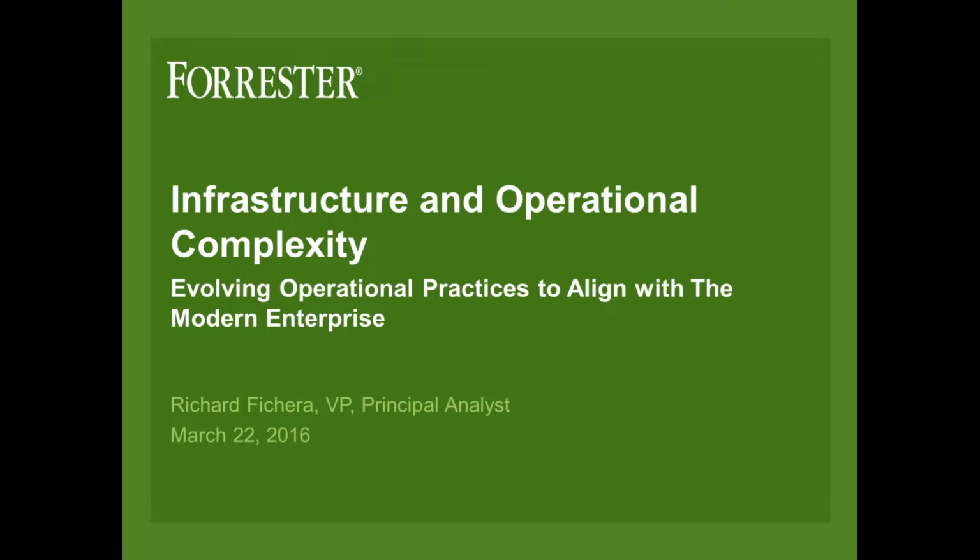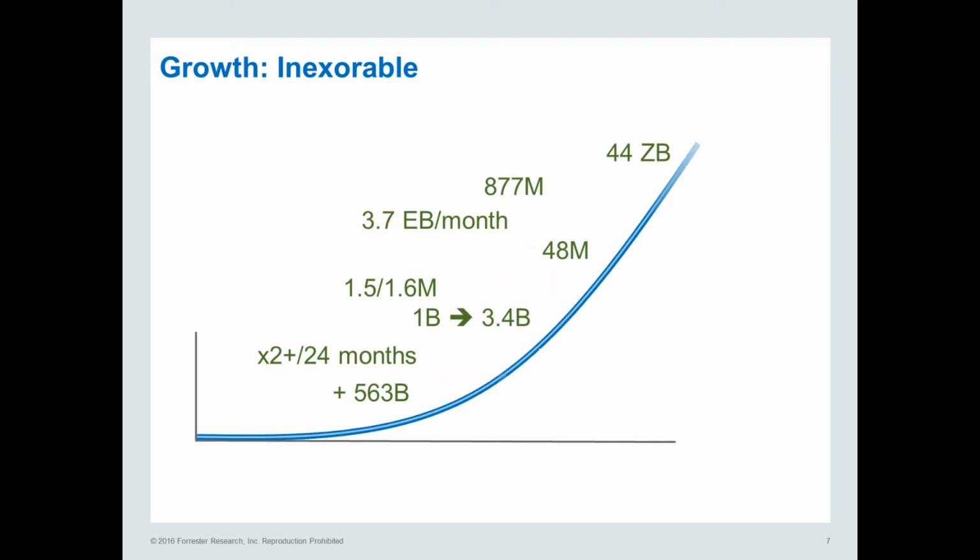So with no further ado, let me go ahead, and you've probably all seen curves like this. They're everywhere, and we have been in this period of exponential growth for decades now, especially since the beginning of the internet at scale in the mid to late 90s.